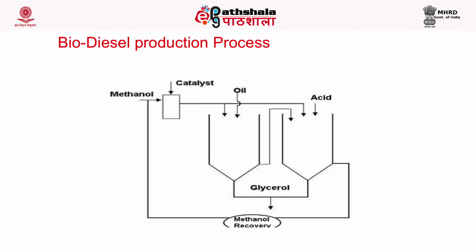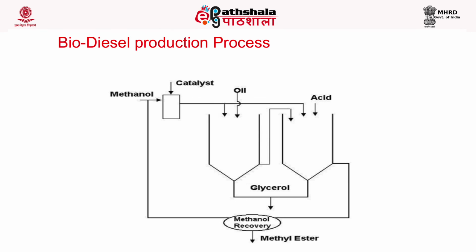Now the upper layer is transferred into the second reactor where some acid is added again to complete the reaction, and the purpose of adding acid is to neutralize excess of alkali which has been added into the process as a catalyst.